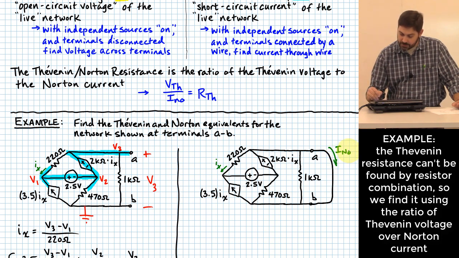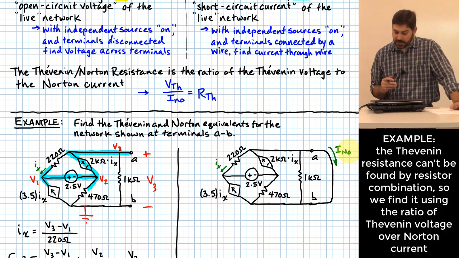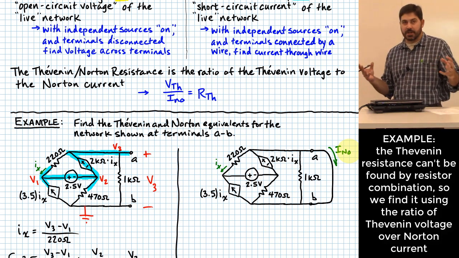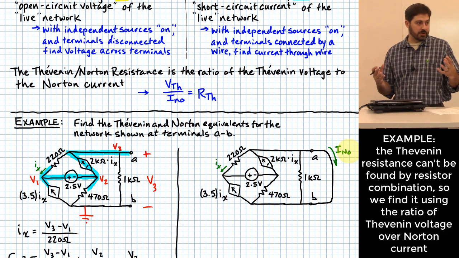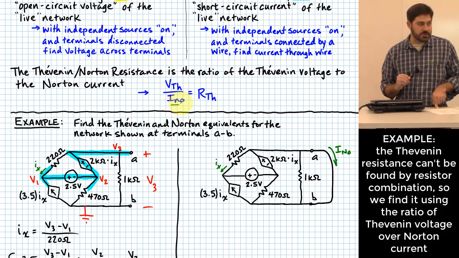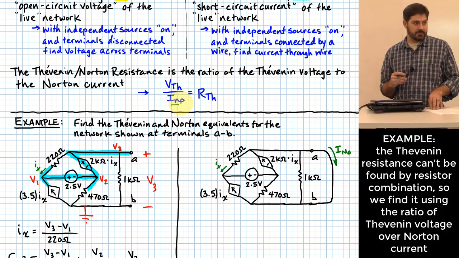That current that flows is your Norton current. So that is what we need to figure out, I sub N for this circuit. And once we do, how does that help us find our equivalent circuits, either Thevenin or Norton? That gives us the denominator of this ratio, and that allows us to find R sub TH.